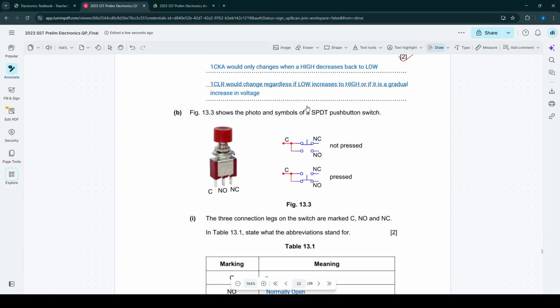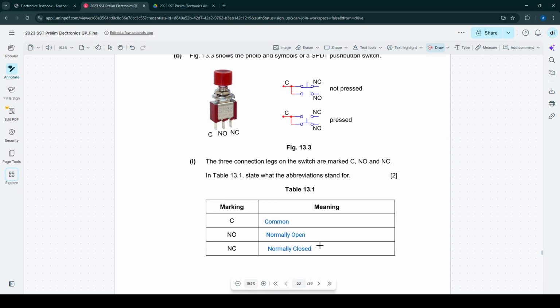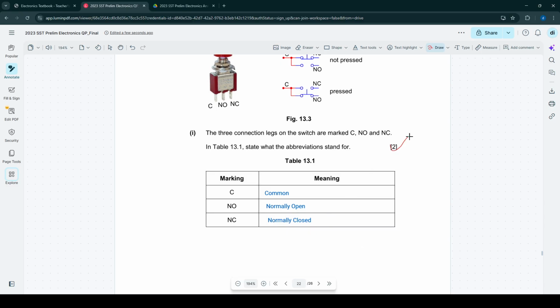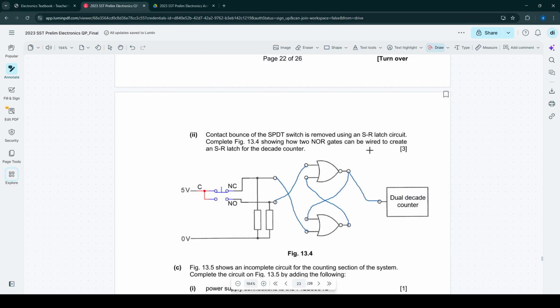13.3 shows the photo and symbols of a single pole double throw button. Yeah, C, NO, and NC. Common, normally open, normally closed. Yeah, this is in the relay video. Contact bounce is a thing, which is removed using an SR latch.